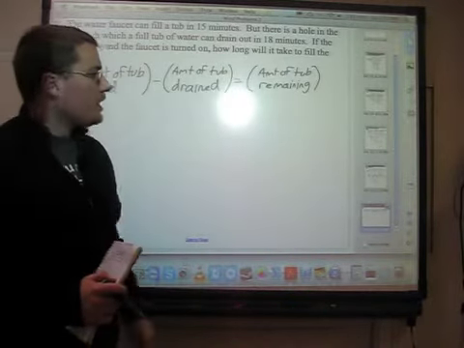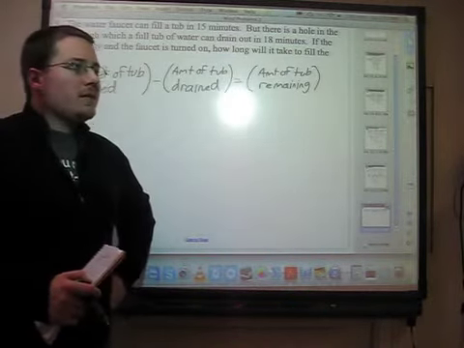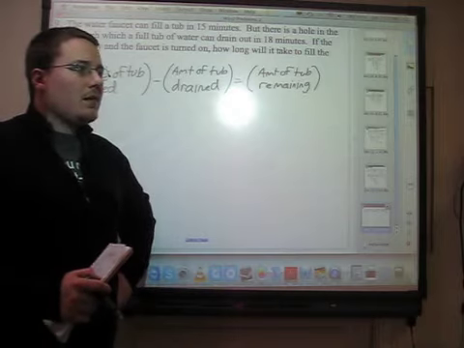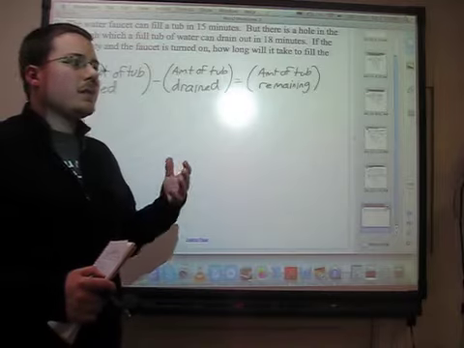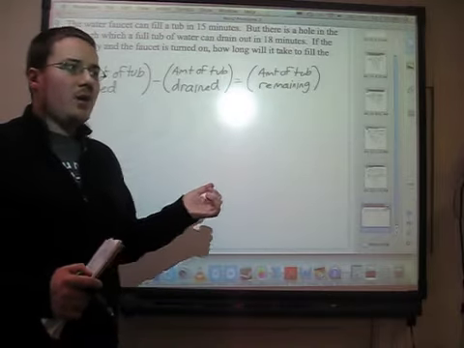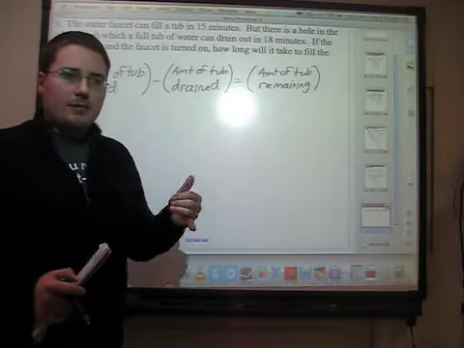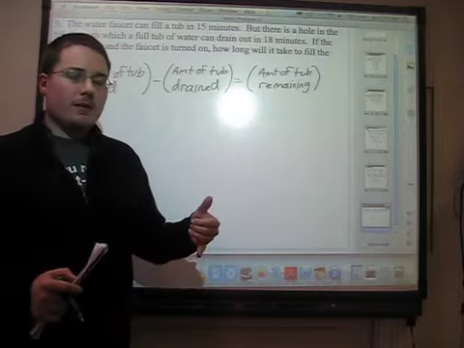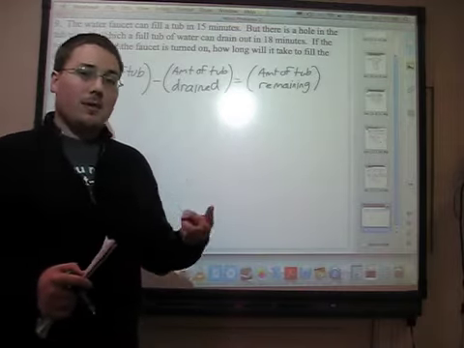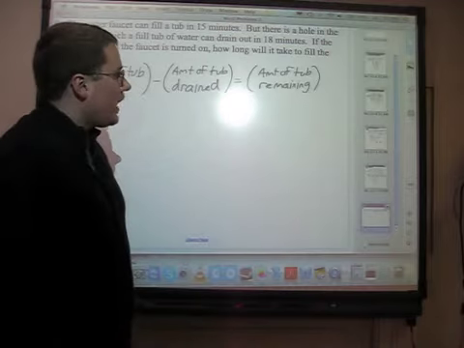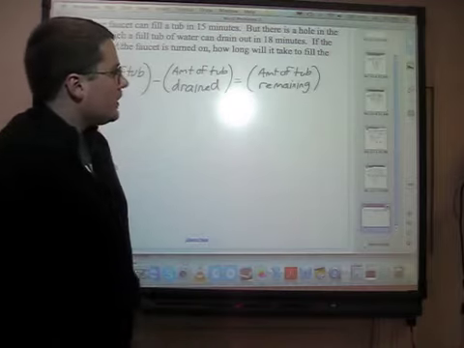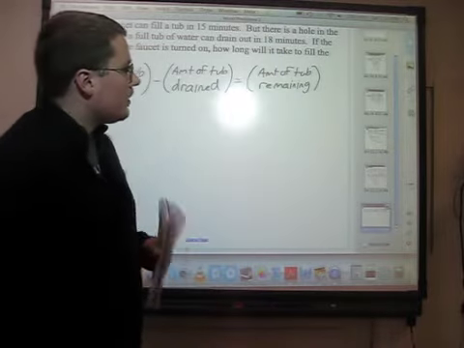So the amount of tub remaining, that's going to be the time it takes to fill, a fraction representing, say, 1/20th of the tub. If we say that it fills 1/20th of the tub in 1 minute, then we can say 20 minutes to fill the tub. So let's say that x is going to be the denominator of this fraction.